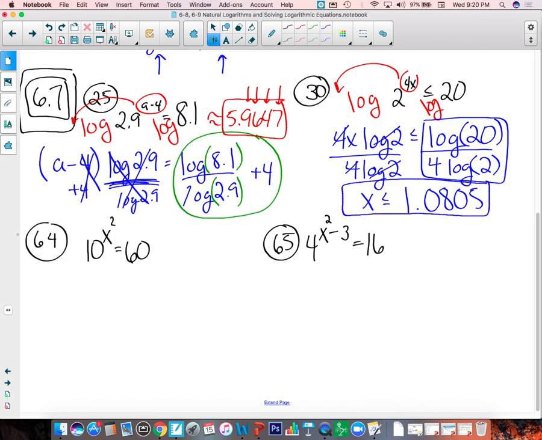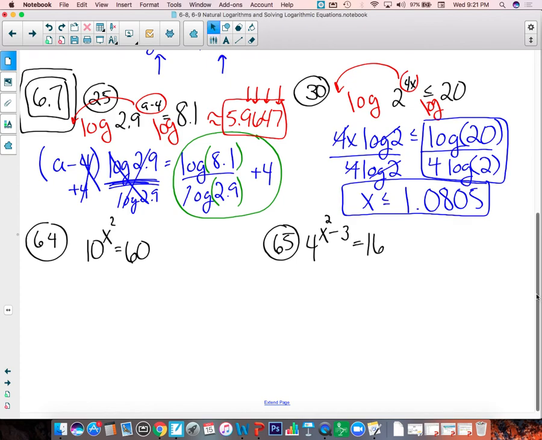All right? Let me double check to make sure that the answer key is right. Yep, 1.08048, so that rounds to 1.0805.